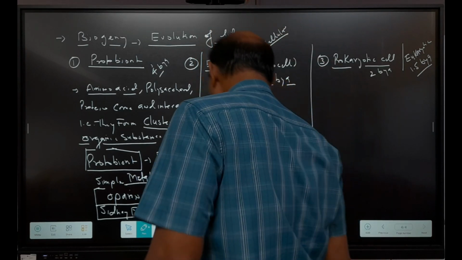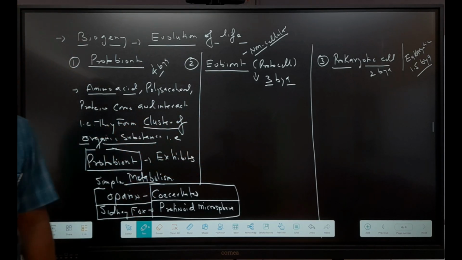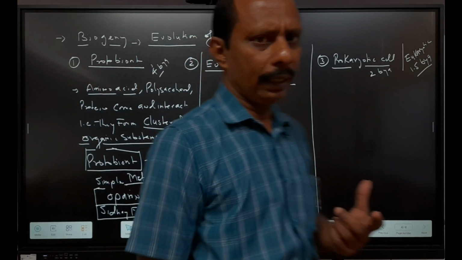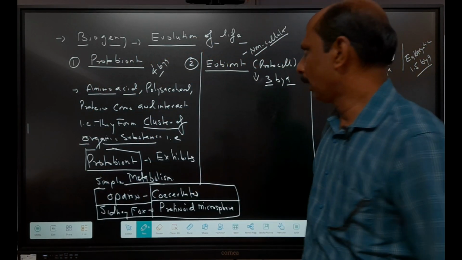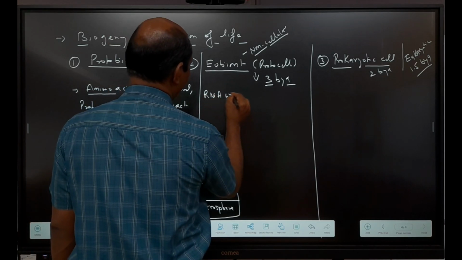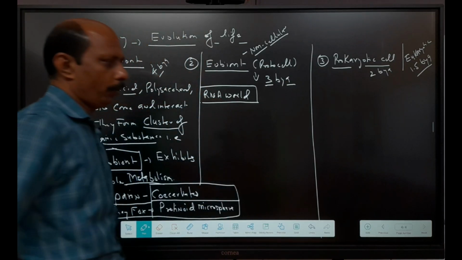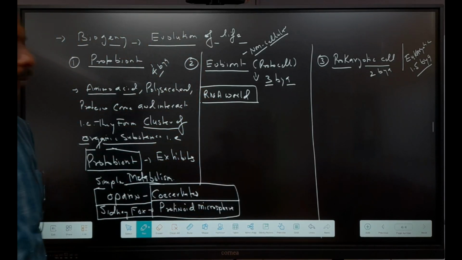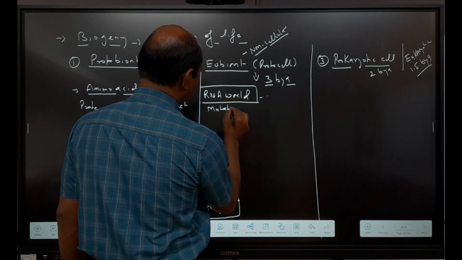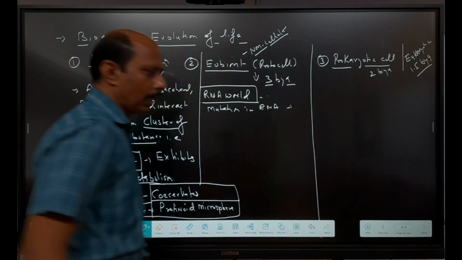Eobionts. Now these clusters which are formed, what happens? Due to mutation in RNA, the RNA world hypothesis applies here.